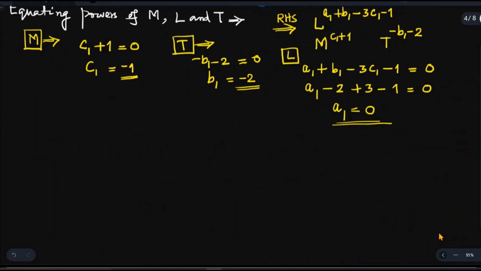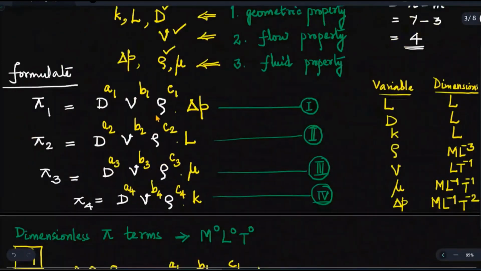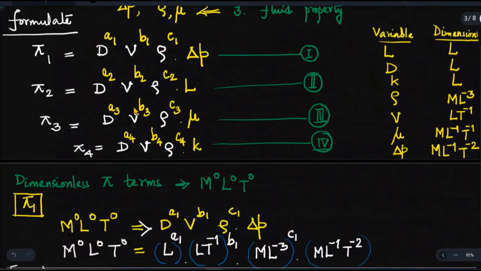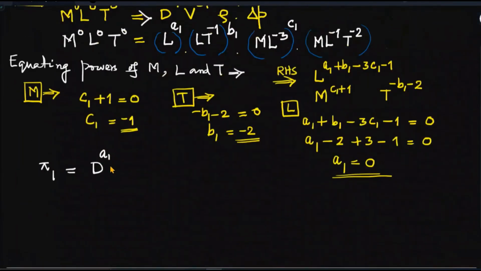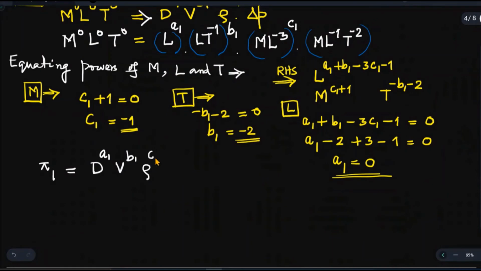Now we'll try to incorporate these indices in the pi term. So what is the first pi term? Pi 1 is equal to d raised to a1. In the same order you have to take, so you should not mix up these variables now. The order cannot be changed. d raised to a1, v raised to b1, rho raised to c1, and into delta p.